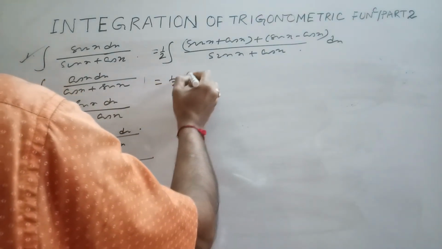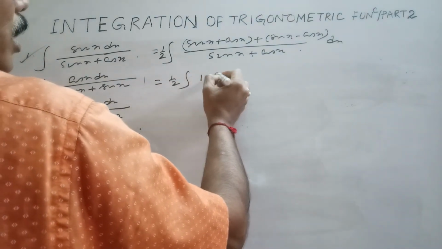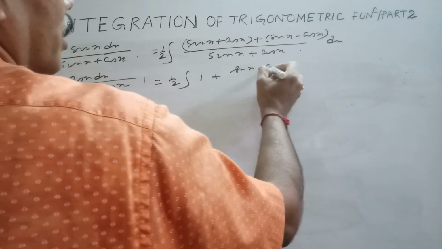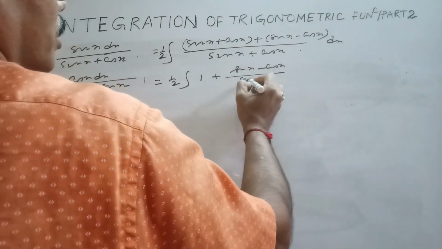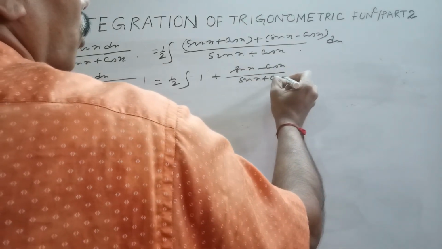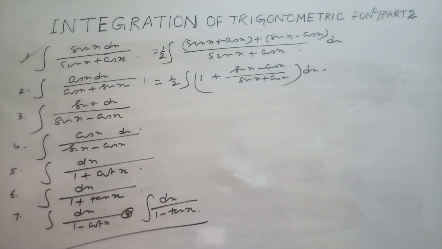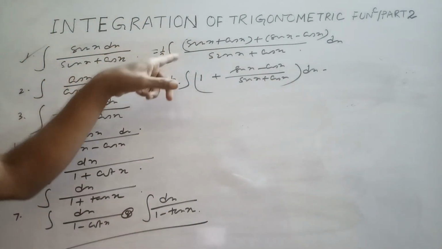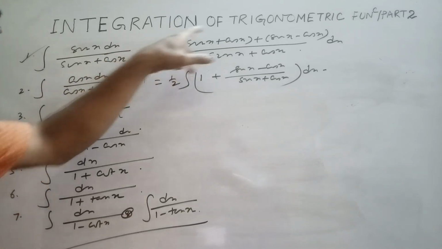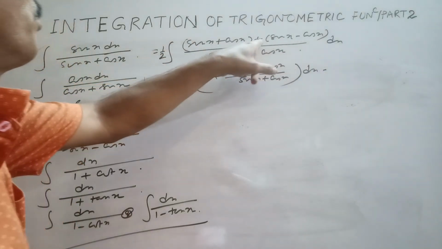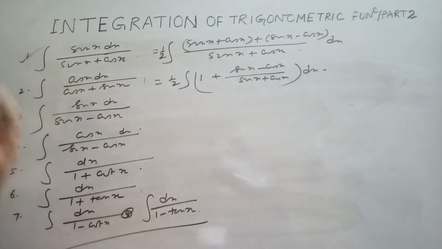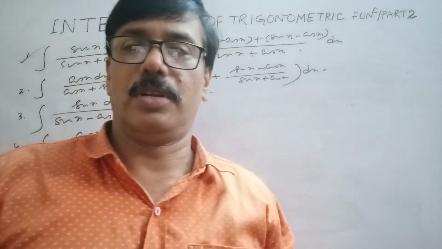So half into 1 plus (sin x minus cos x) by (sin x plus cos x) dx. Actually a equals 1, b into d dx of this, so b equals 1 and c equals 0.